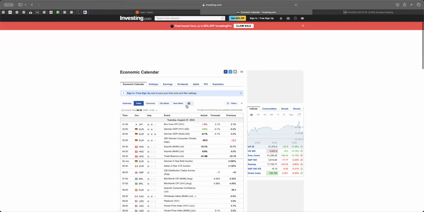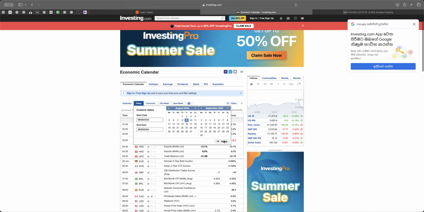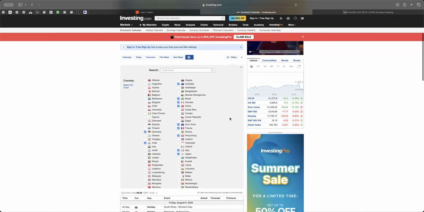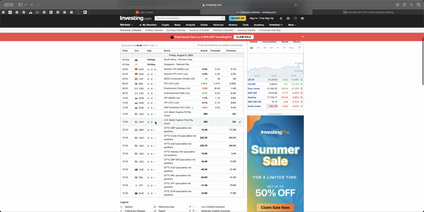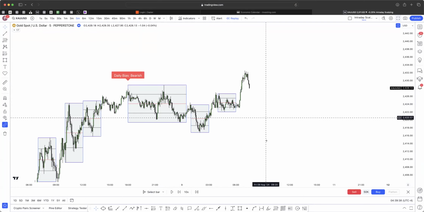Just on that day, did we have a high impact news driver? We had a medium impact news driver around there. Medium impact, so nothing of importance. So let's see. Daily bias is still bearish, so let's see whether we're able to go lower.